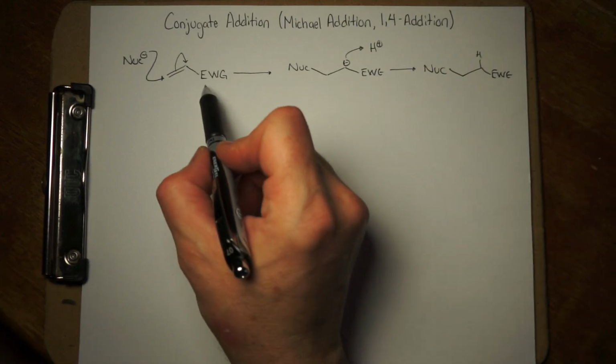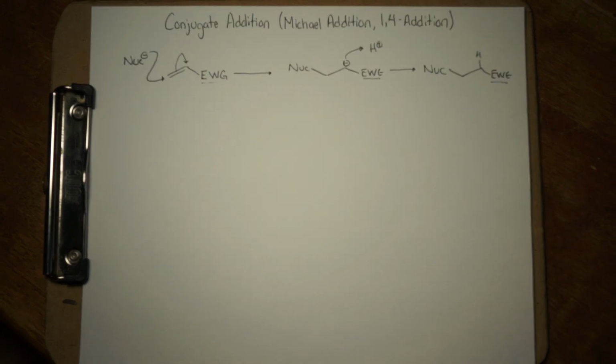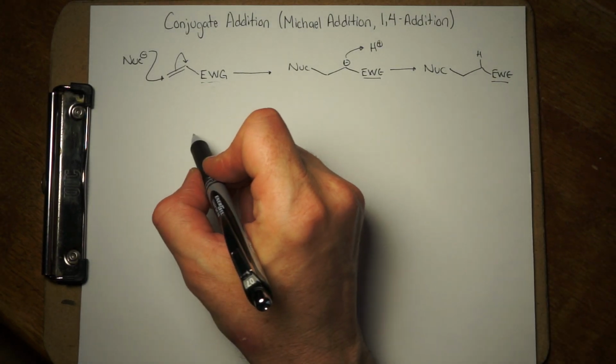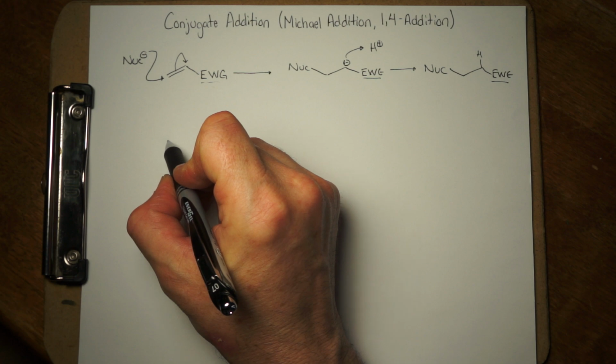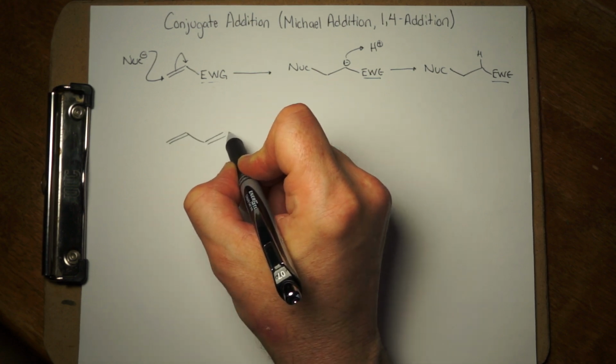Now, before we get too far, I want to look a little more closely at what this electron withdrawing group is. The compounds that we're going to focus mostly on are going to be alpha-beta unsaturated carbonyl compounds.